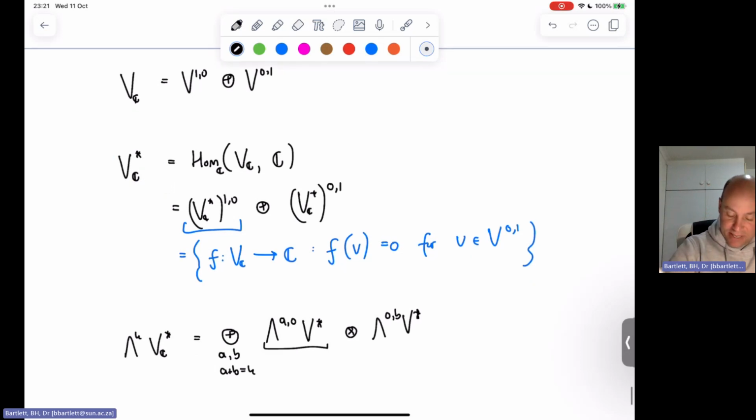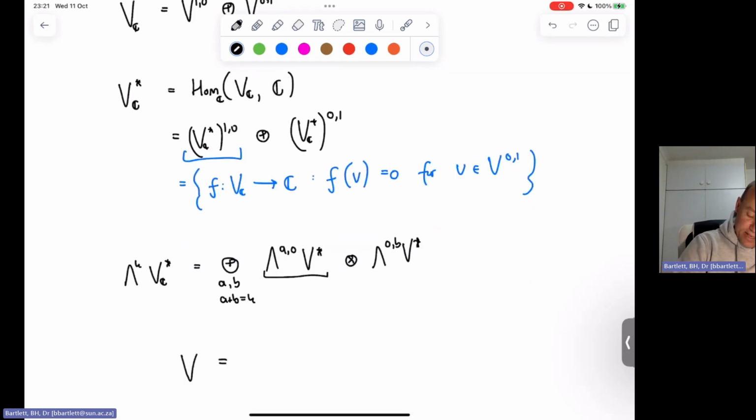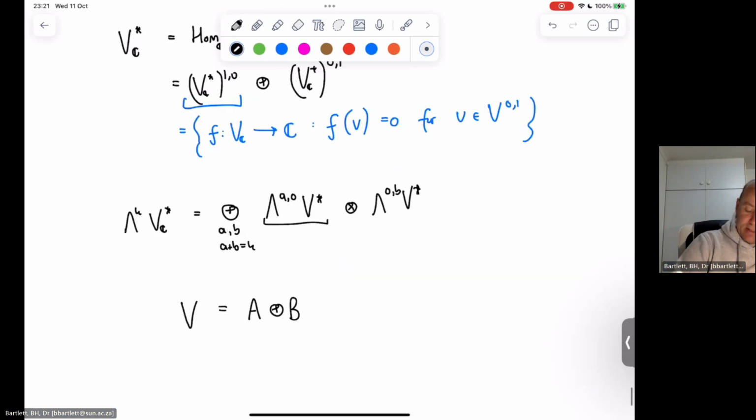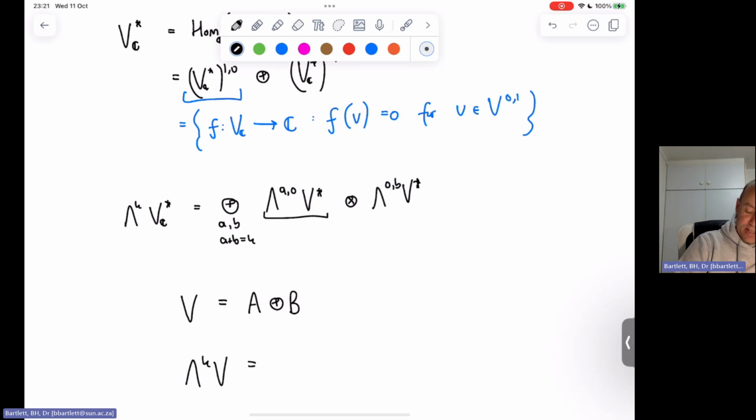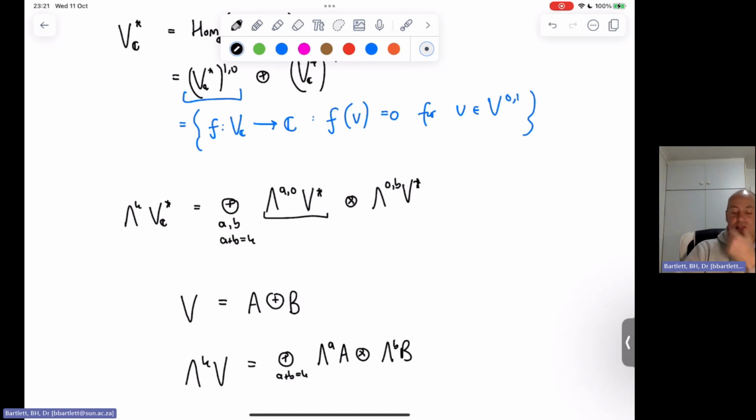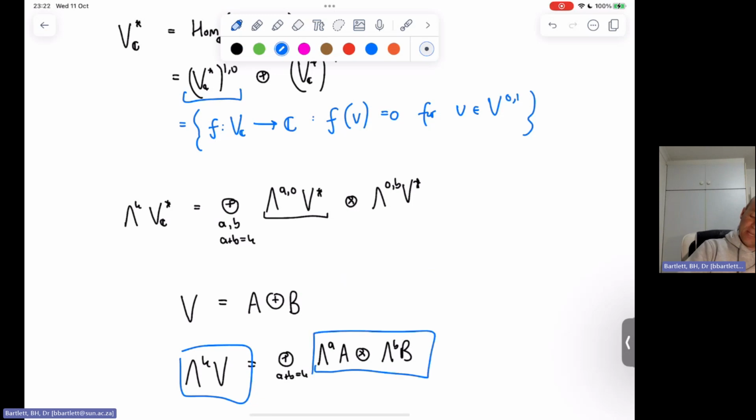So that's just a complicated way of saying that if my vector space V is the direct sum of two vector spaces A and B, then the kth exterior power of V, if you just calculate it, is the sum over a plus b equals k of the a-th exterior power of A tensor the b-th exterior power of B. That's just saying that the things that are wedges of k vectors consist of wedges of k vectors made out of A and B. So I could take a wedges from A and b wedges from B, as long as a plus b adds up to k.